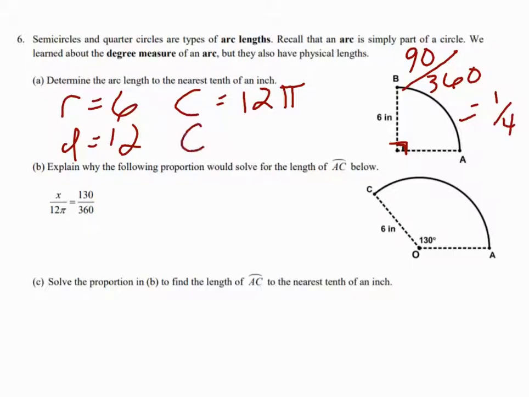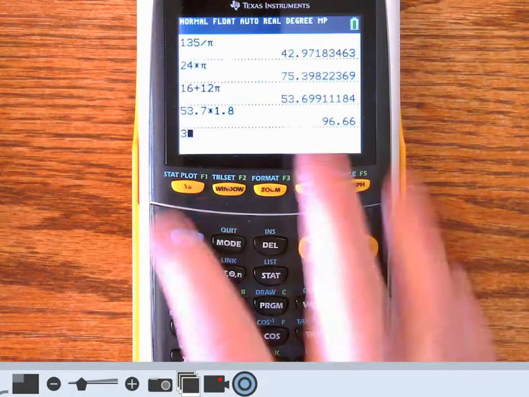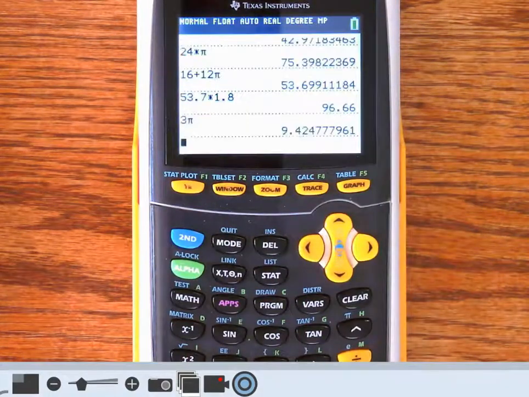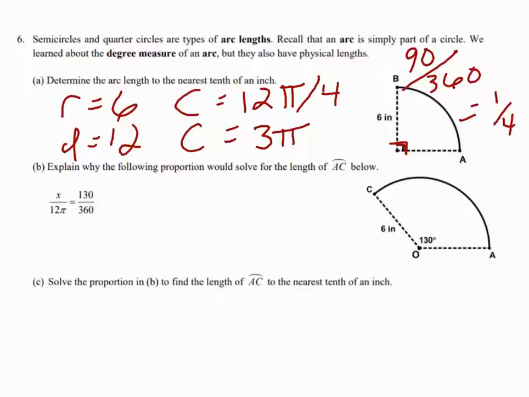So the circumference would be 1/4 of 12 pi. If I divide this by 4, then this would have a circumference of 3 pi, which, if I do that on my calculator, 3 pi is 9.4 inches.